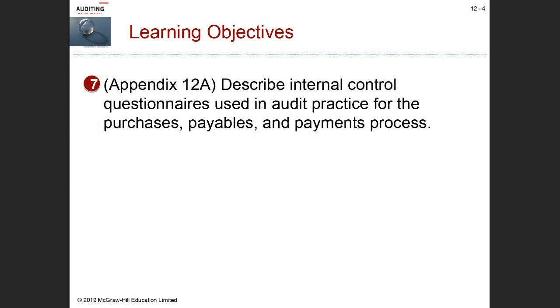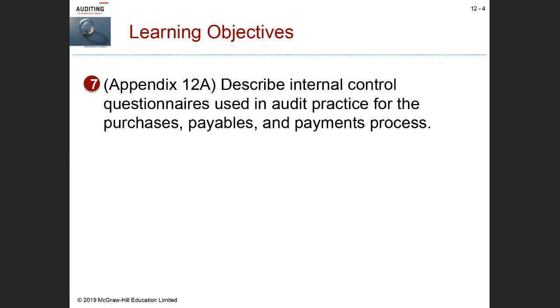We're going to spend some time looking at the internal control questionnaire, just like we did in chapter 11. There's an internal control questionnaire for the purchase payable payment cycle. And again, it's broken out the same way as we saw for revenue.